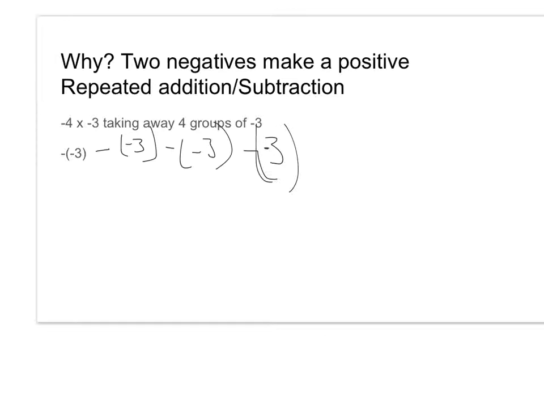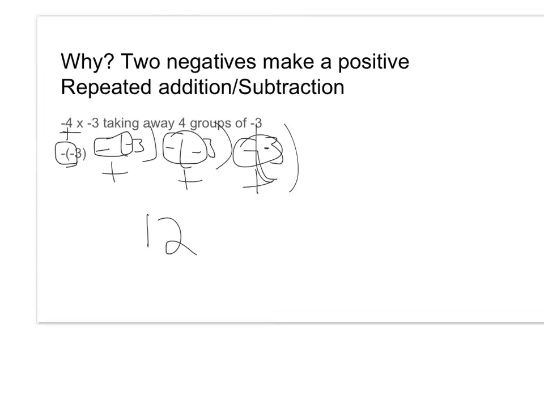Here's 1, 2, 3, 4. As we learned in our last lesson, 2 negatives make it positive. So now when we add these all up, your answer is going to be 12.